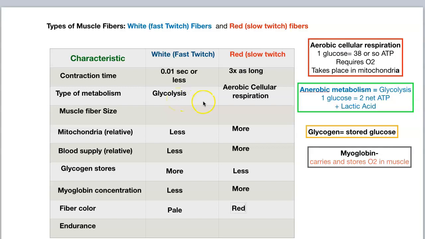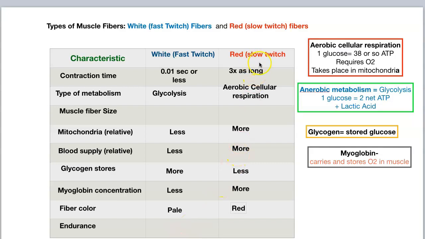One of the byproducts of glycolysis metabolism is lactic acid. So even though these muscle fibers contract really fast, they're going to fatigue really quickly. They are soon going to have a massive buildup of lactic acid, and you will get cramping.